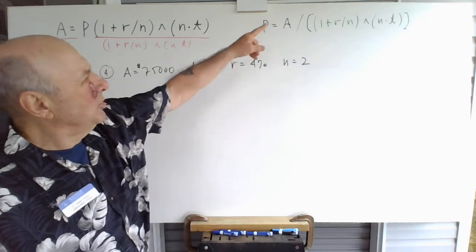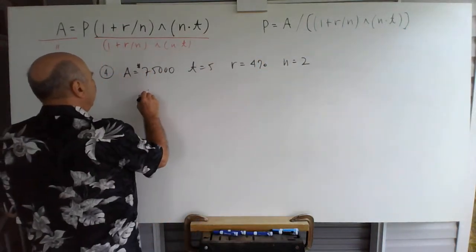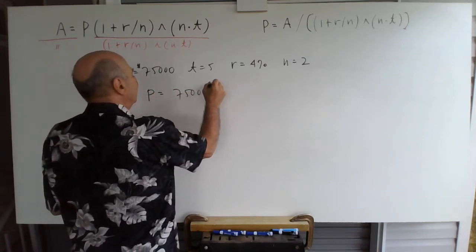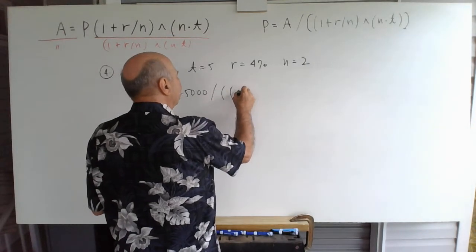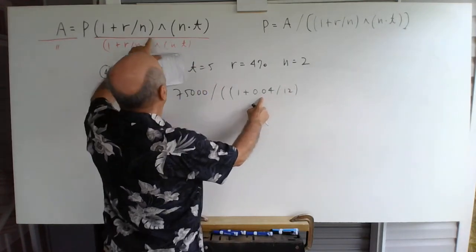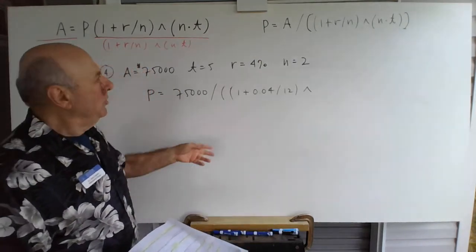So I put these numbers in this formula on the right. The principal will be 75,000 divided by double parentheses 1 plus 0.04 divided by 2, r over n, caret. Now here you don't have to use the parentheses.